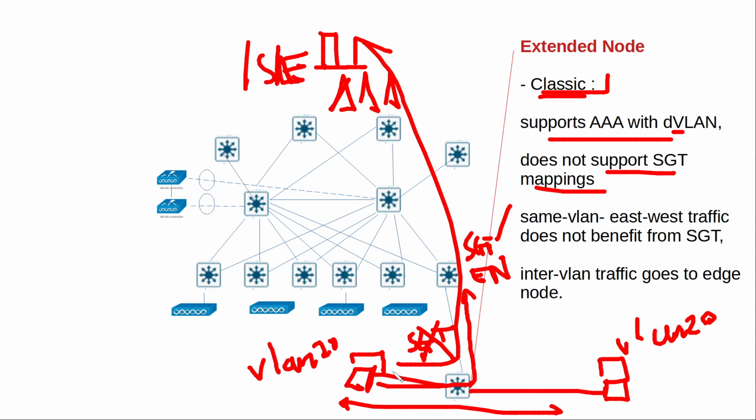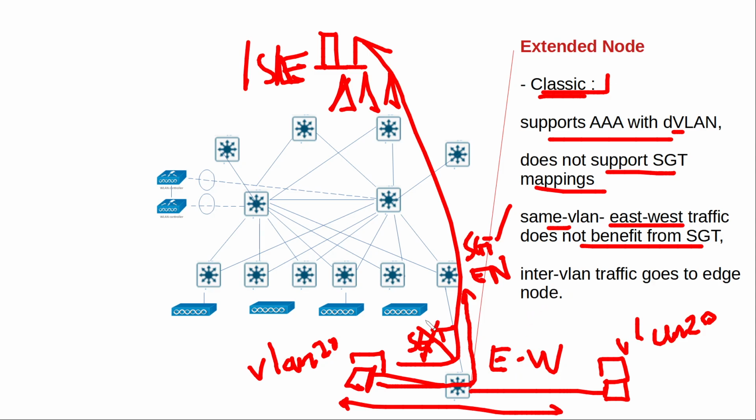So, because we are not assigning scalable group tags at this point, the same VLAN east-to-west traffic will not benefit from a scalable group access control list. So, east-to-west traffic in the same VLAN will become an issue. It can become non-secure traffic.